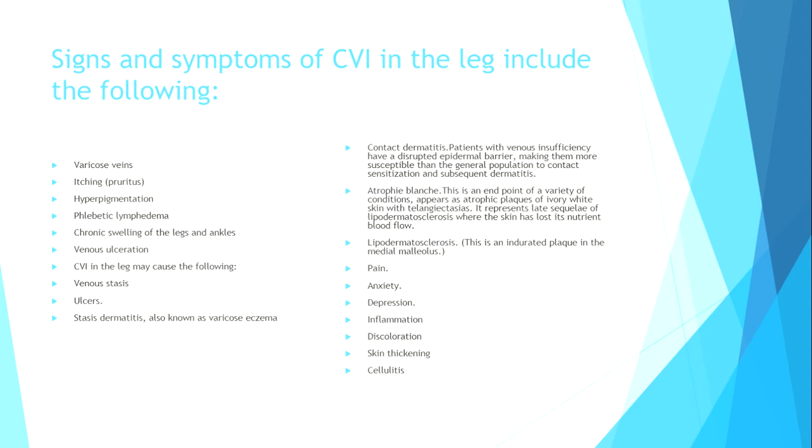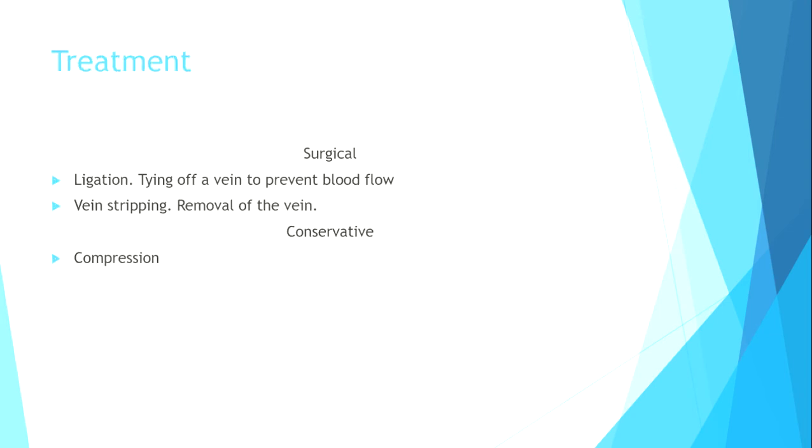This is an indurated plaque on the medial malleolus. Pain, anxiety, depression, inflammation, discoloration, skin thickening, and cellulitis. Treatment can be surgical: ligation, tying of a vein to prevent blood flow, and vein stripping, removal of the vein. And conservative treatment, which means compression.